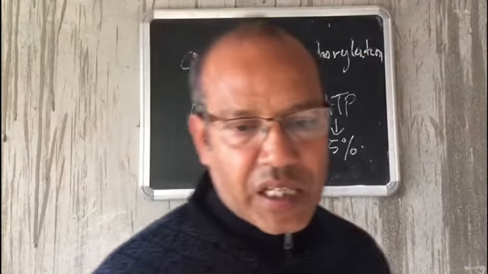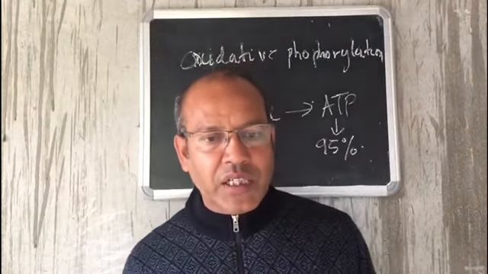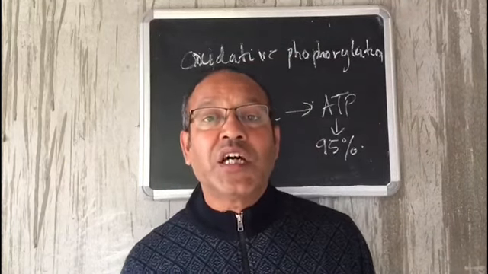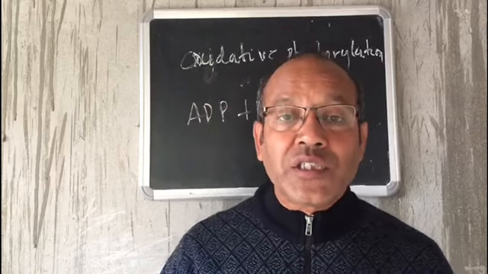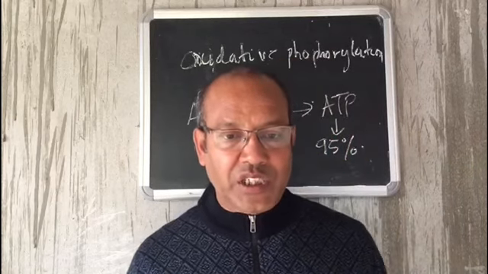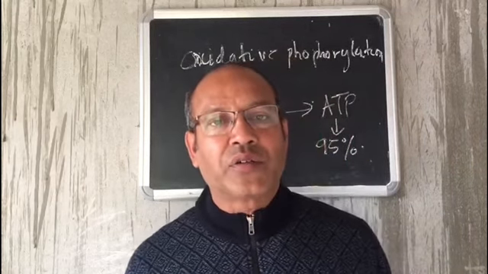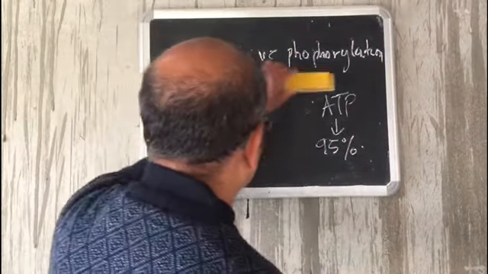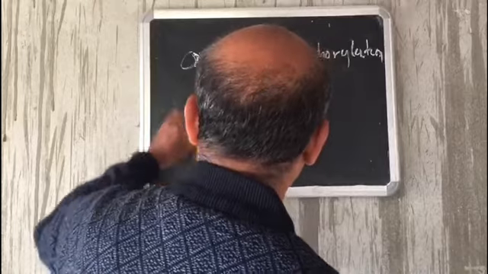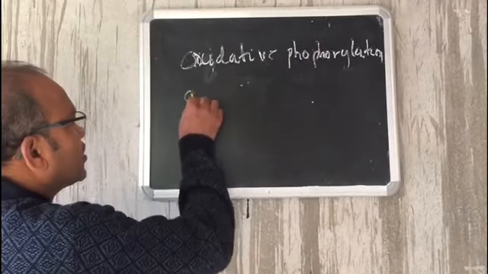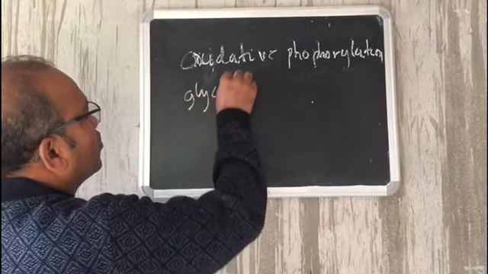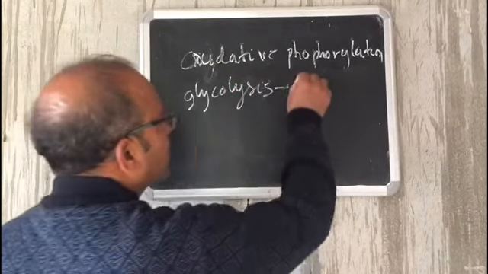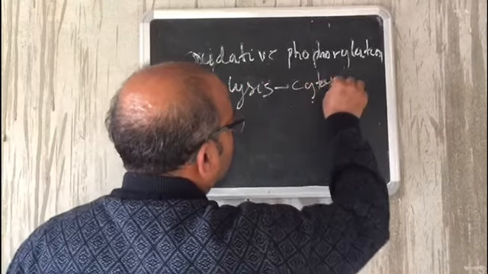Mitochondria is a respiratory organelle. Cellular respiration takes place in the mitochondria. As we already know, in cellular respiration there are a number of stages. First is glycolysis. Most of the time, glycolysis takes place in the cytoplasm of the cell.